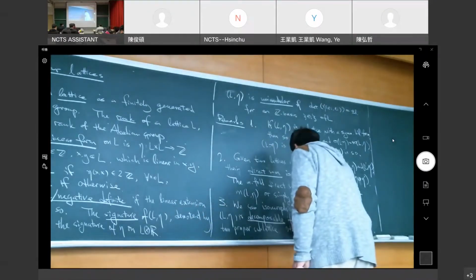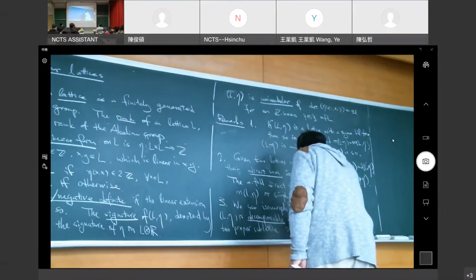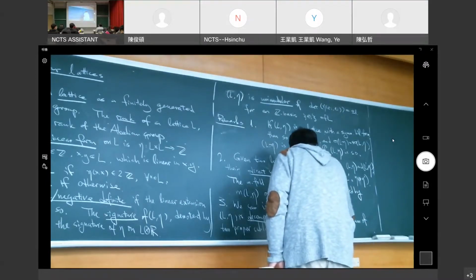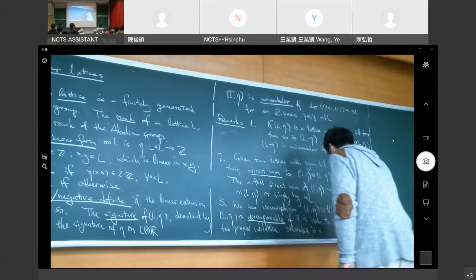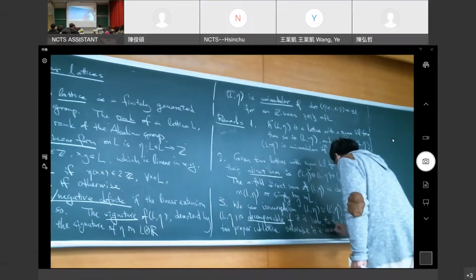Otherwise, it's indecomposable. It's kind of like irreducibility.